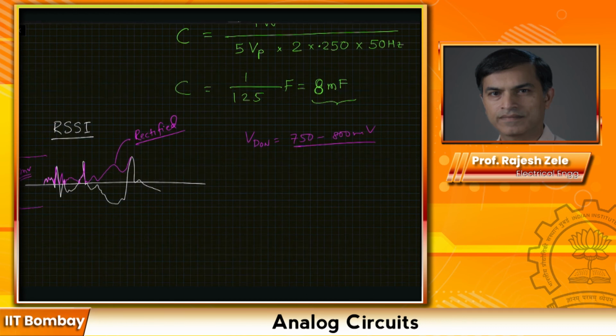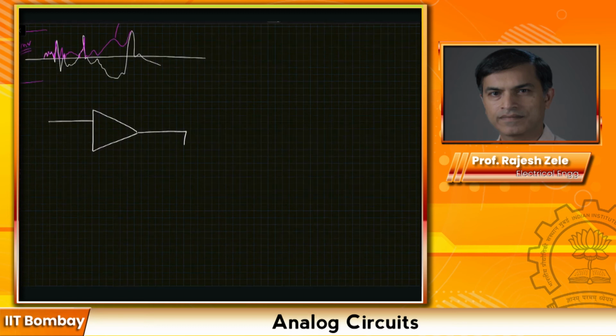So we will use our new friend called the op-amp and see if we can design a circuit that would do the job for you. At the output of the op-amp, I'm going to connect a diode like this. And this is where my RL load is. And this would be our Vout.